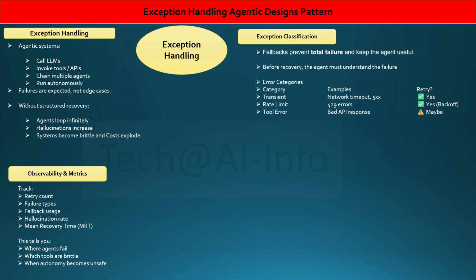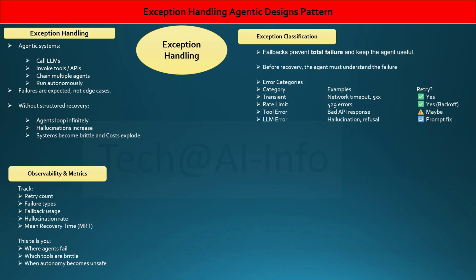Tool errors involve a bad API response, and retry is maybe. Validate the input and output and try alternate solutions. Next, LLM errors, such as hallucinations and refusals; the retry logic is a prompt fix.